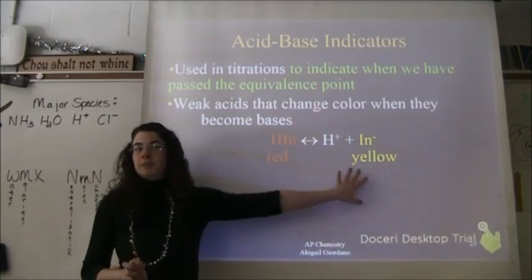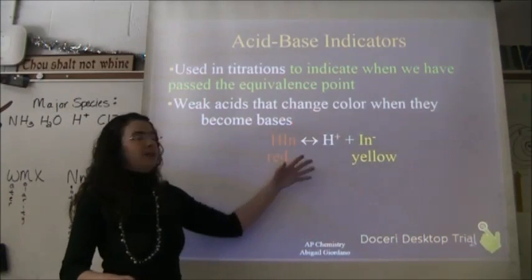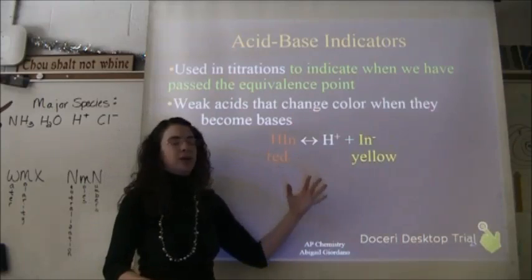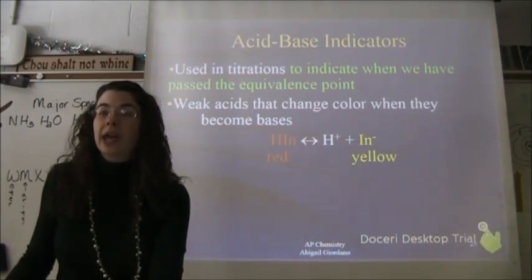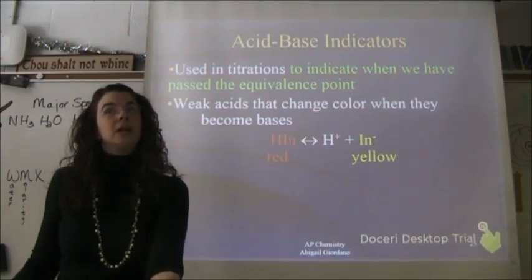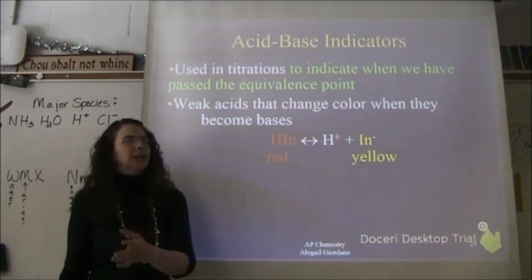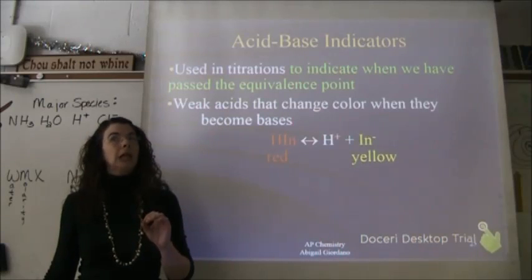Let's imagine that I add some methyl red to a beaker that contains hydrochloric acid. Strong or weak? Hydrochloric is very strong. Lots of H+ floating around or very little? Lots.